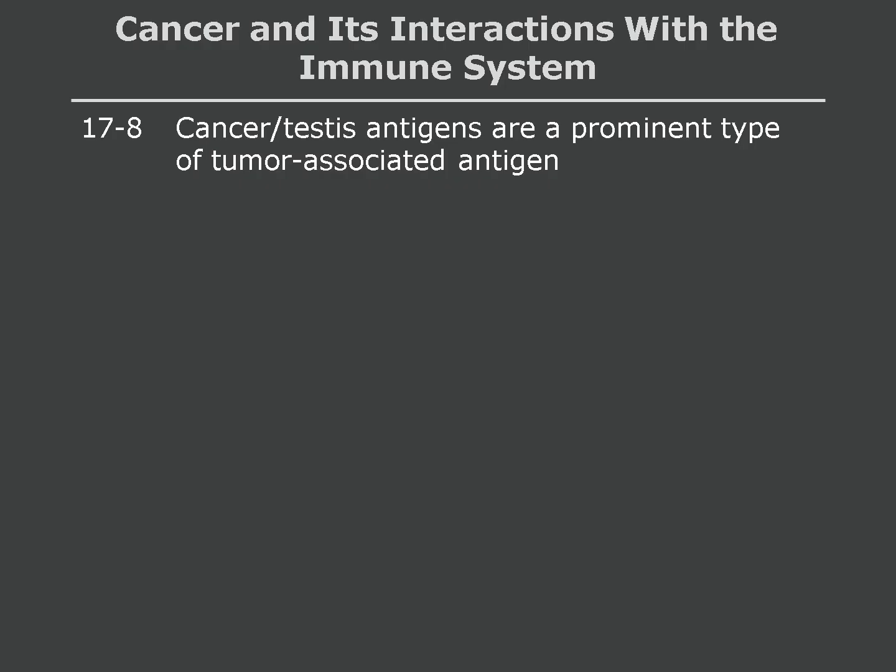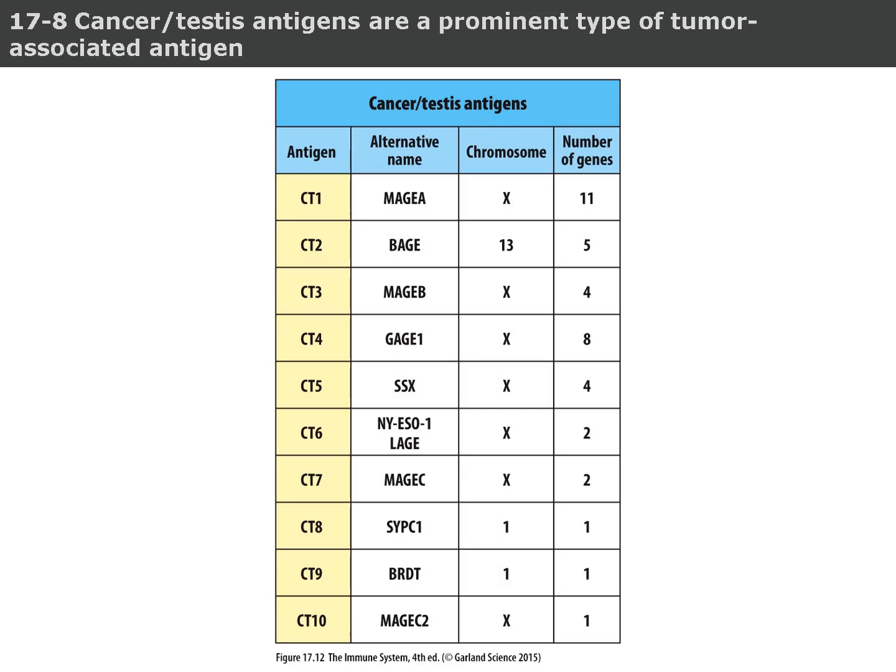Cancer/testis antigens are a prominent category of tumor-associated antigens. These proteins are normally expressed only in the testis, but become aberrantly expressed in various cancers. Examples include MAGA and MAGIP, located on the X chromosome, and BAGE, located on chromosome 13.